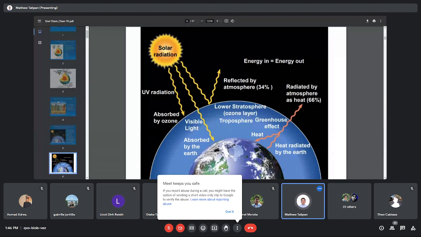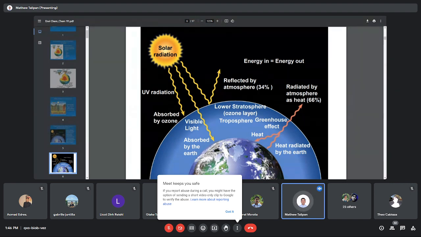So to start with, in the lower stratosphere is the ozone. So ozone actually is one form of oxygen. We call that an allotrope of oxygen, and the ozone there is responsible for filtering the harmful UV radiation from reaching the lower atmosphere of the Earth, the troposphere.